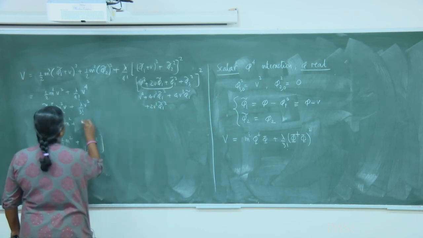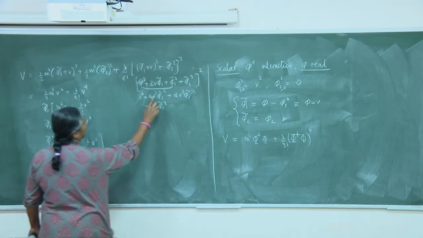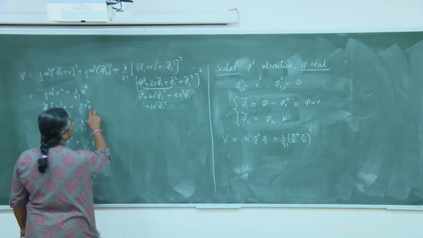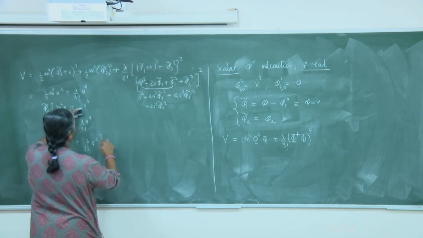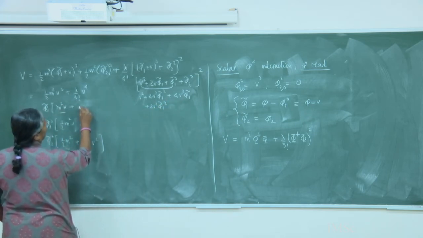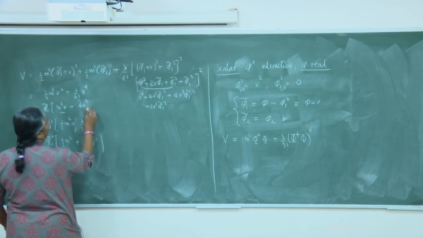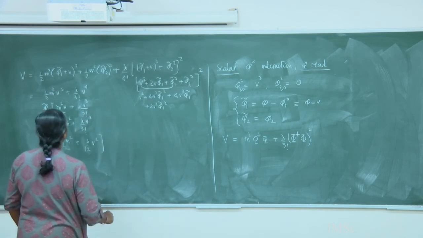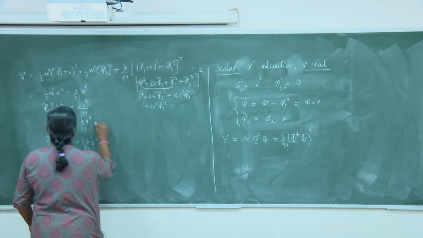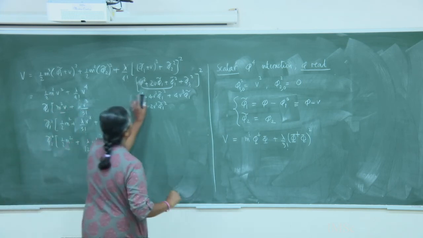So lambda, sorry, I am sorry about this, 3 factorial v squared phi 1 tilde squared. Then the phi 1 tilde term has, so 4, this was 4 v cubed by 4 factorial phi 1 tilde, and this was plus 2 by 4 factorial v squared phi 1 squared. Okay, fine. I am sorry about that.